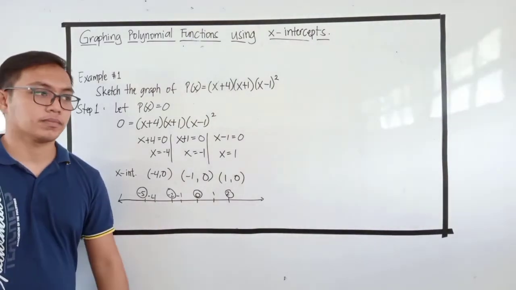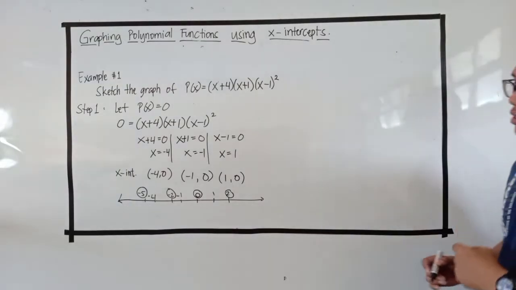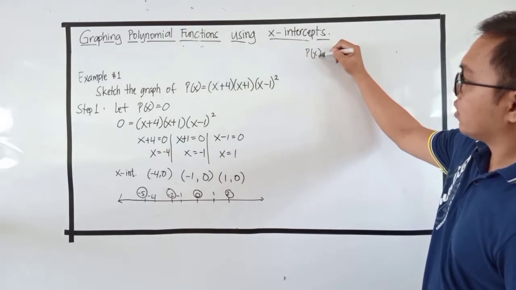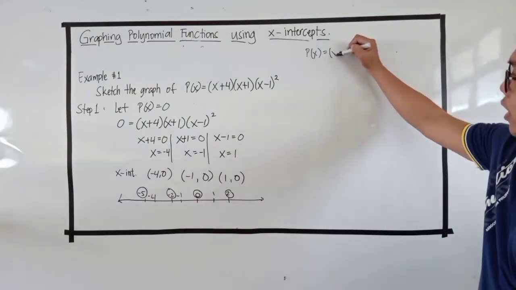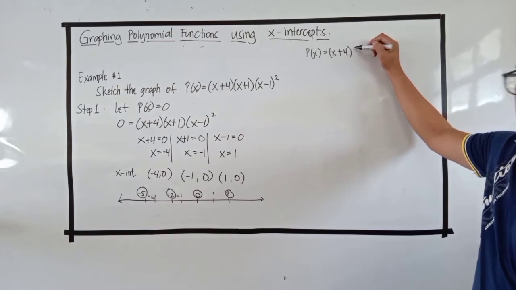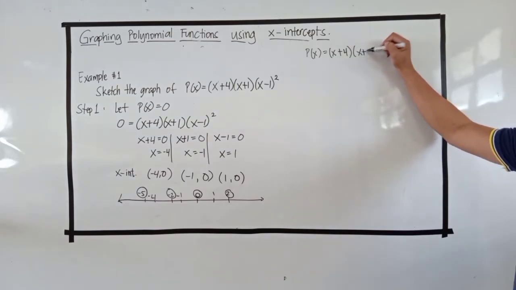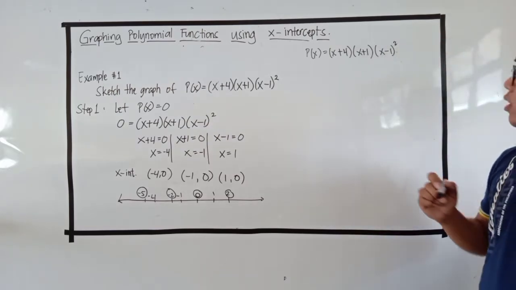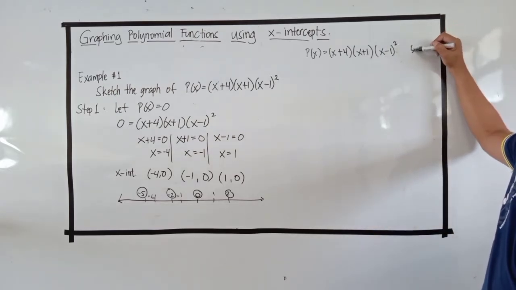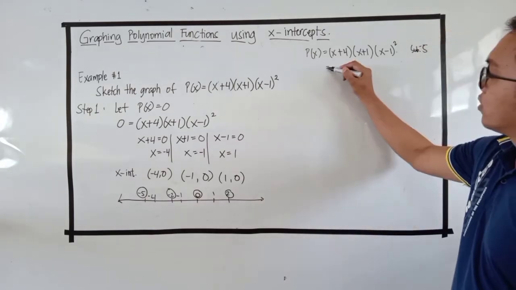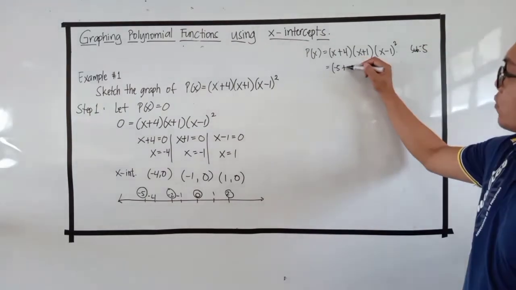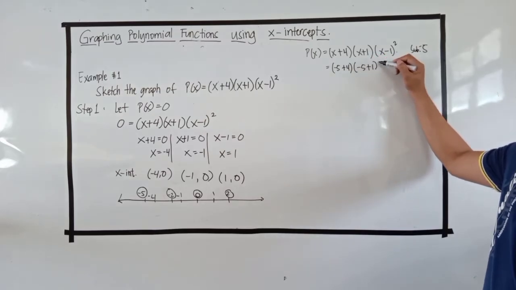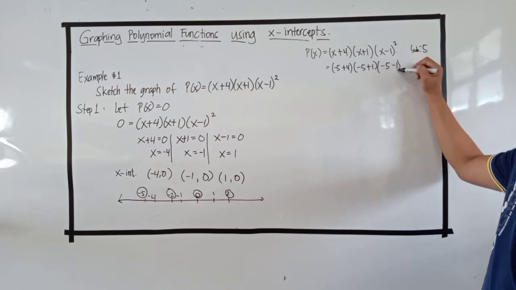Let's do that. Let's use negative 5. We have f(x) equals x plus 4 times x plus 1 times x minus 1 squared. Let's substitute negative 5. So negative 5 plus 4 times negative 5 plus 1 times negative 5 minus 1 squared.